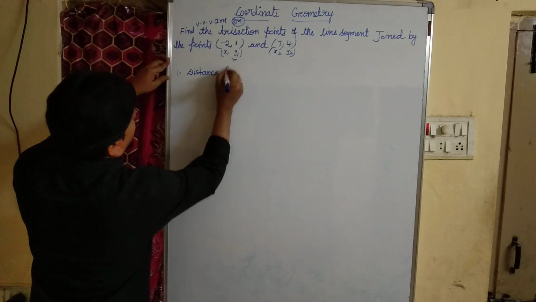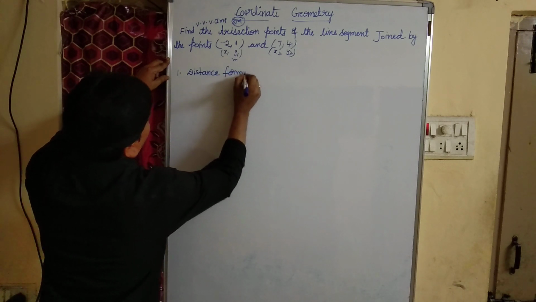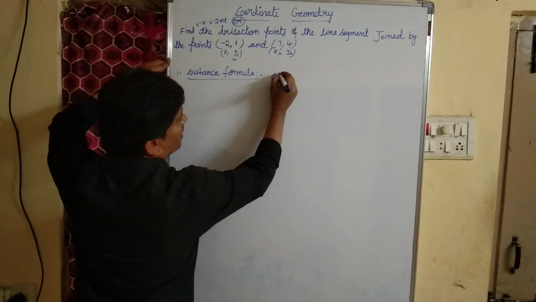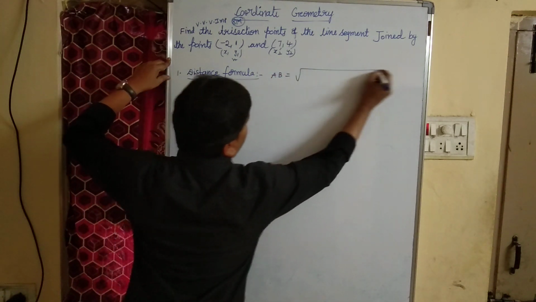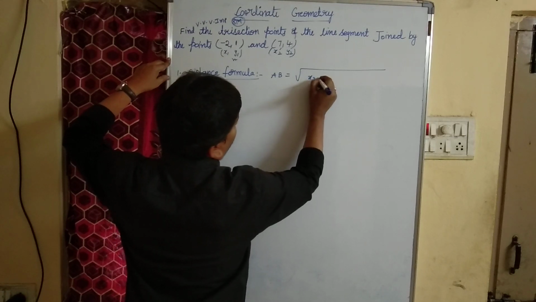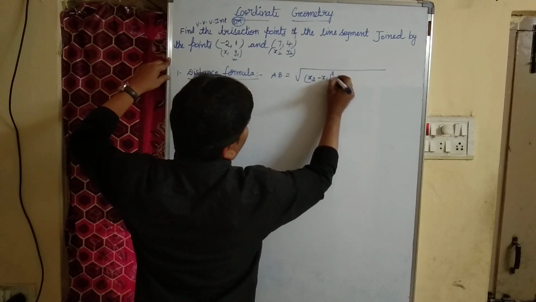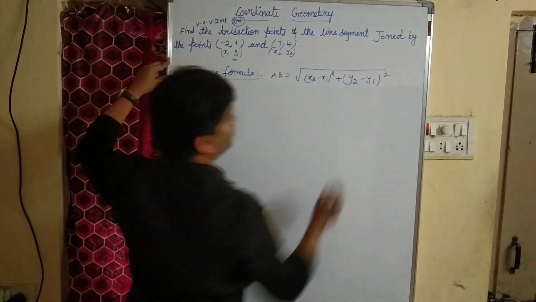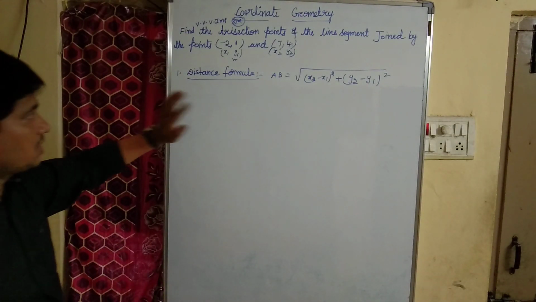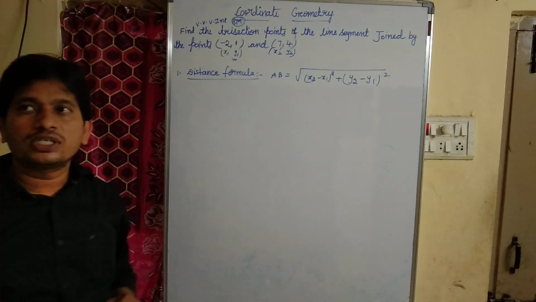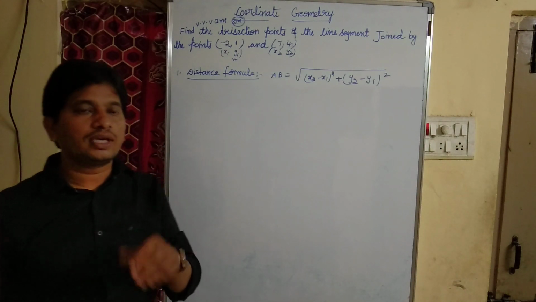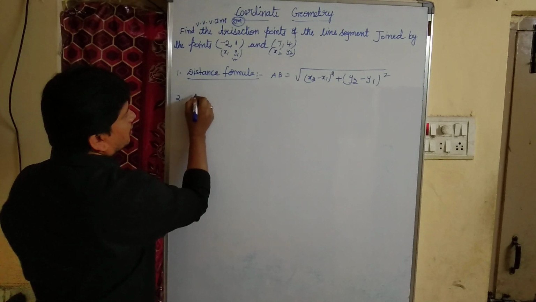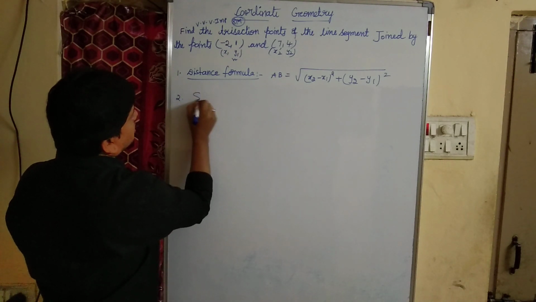the distance formula. That is, distance between 2 points A and B equal to root over (x2 minus x1) whole square plus (y2 minus y1) whole square. This is our first formula. Now coming to the second formula, that is the section formula.